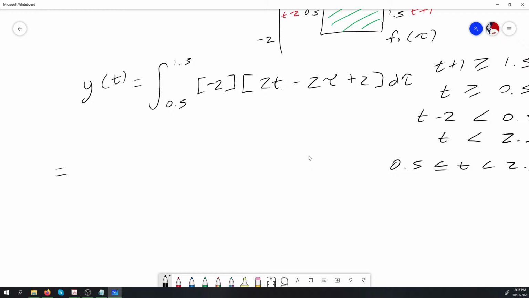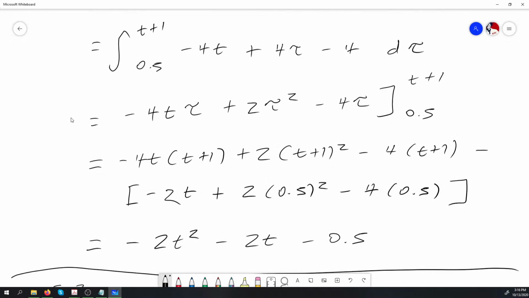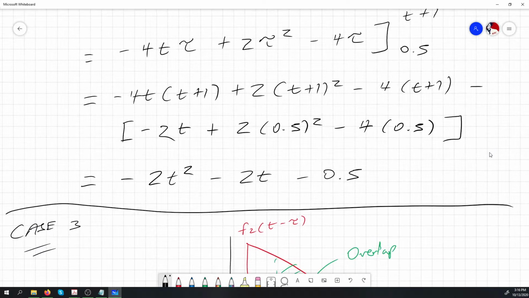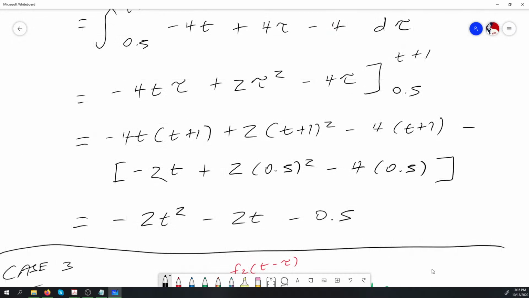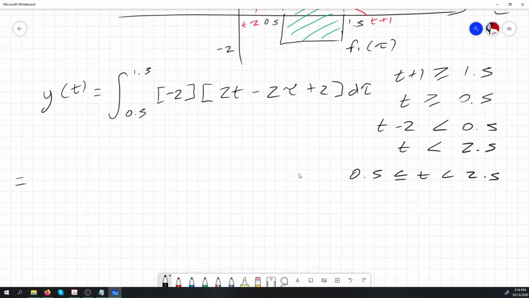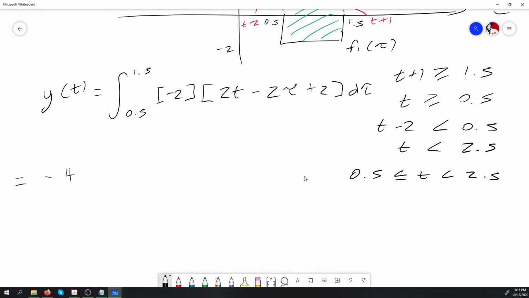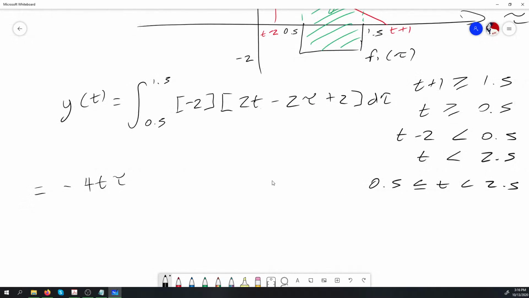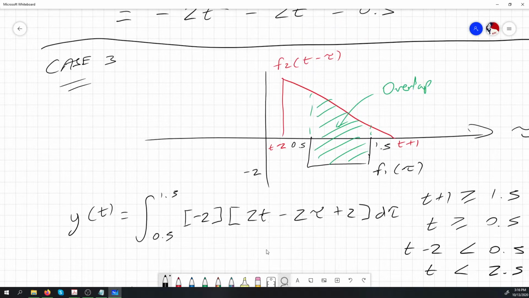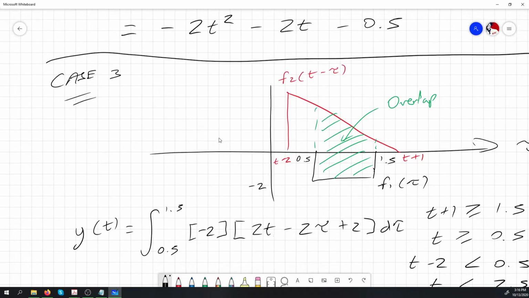We already did the math for this in case 2. Because we already did the integral part, and we just had to substitute, this will end up resolving to minus 4t tau plus 2 tau squared, minus 4 tau.